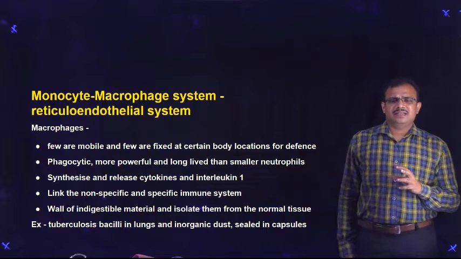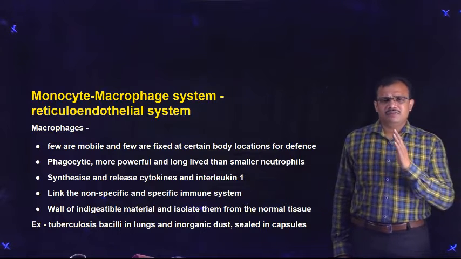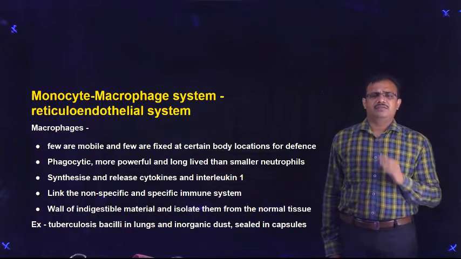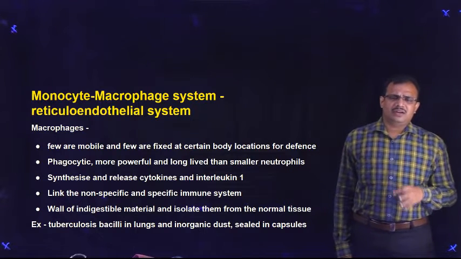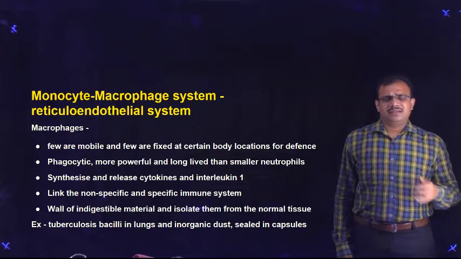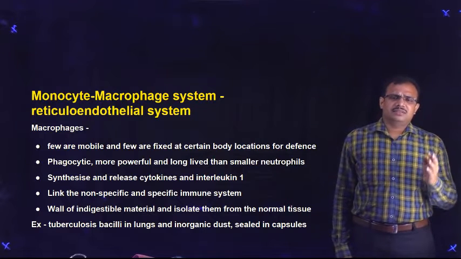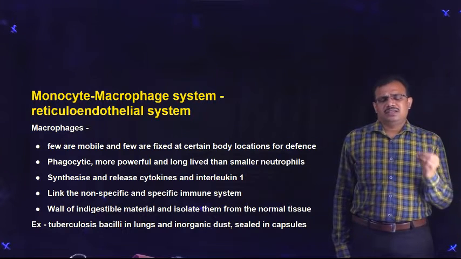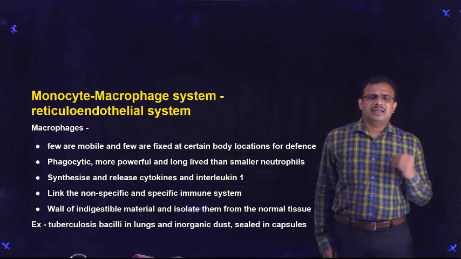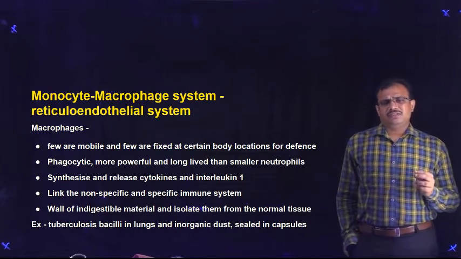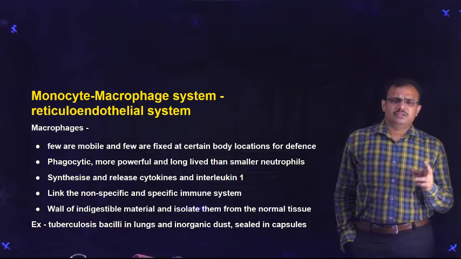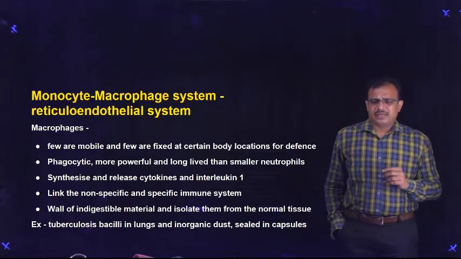Specific means they are targeted to only one particular type of foreign invading antigen, whereas non-specific are not selective. They can attack any substance or any microorganism or antigen that enters the body. And monocyte macrophages form a link between the specific and non-specific defense mechanisms.